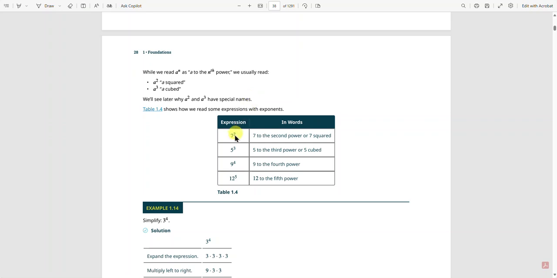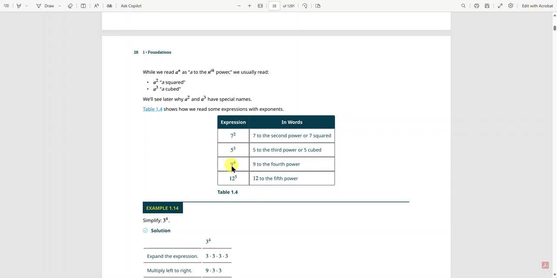All right, so here you've got a number of exponential expressions, and then they're translated into English language. So the base 7 with the exponent 2 is read as 7 to the second power, or 7 squared. The base 5, written with the exponent 3, is read 5 to the third power, or 5 cubed.